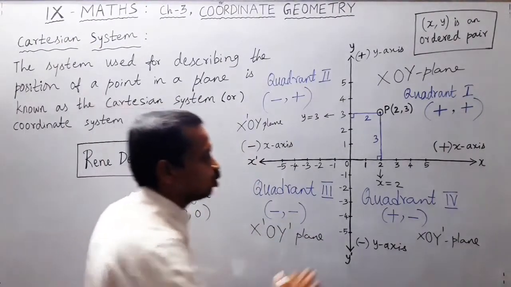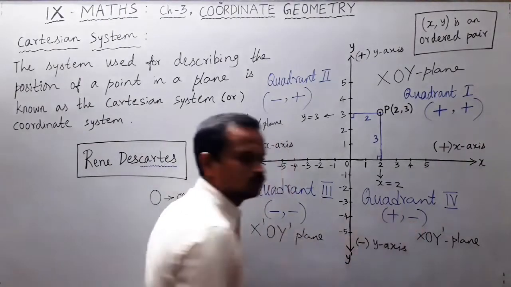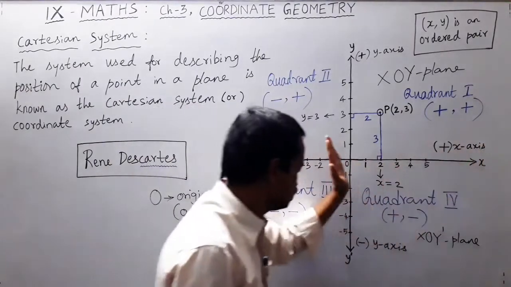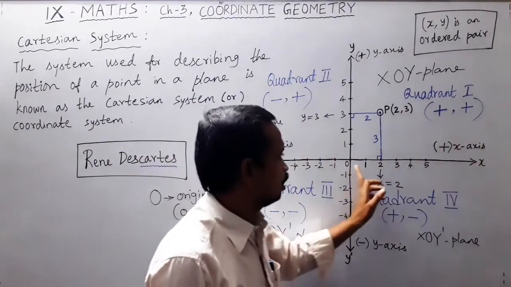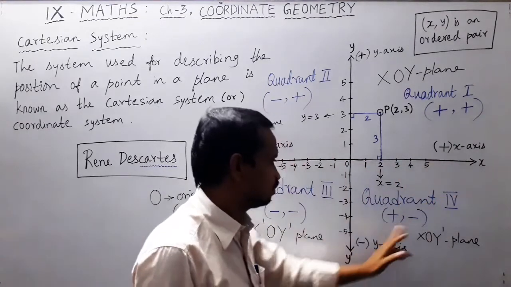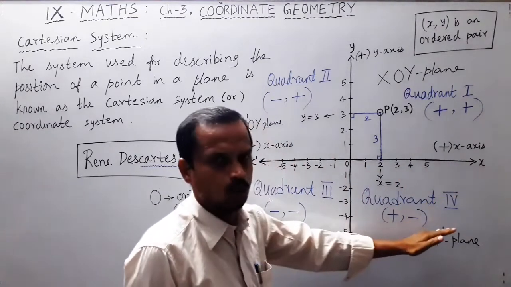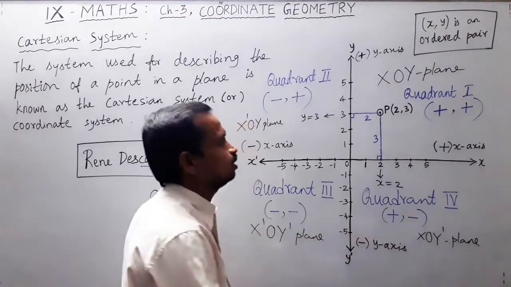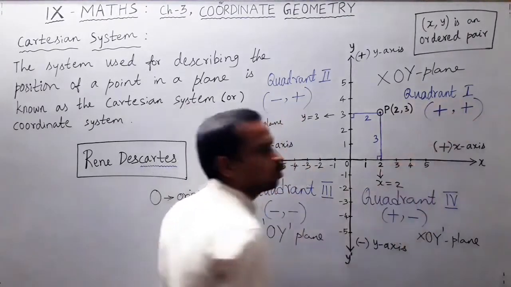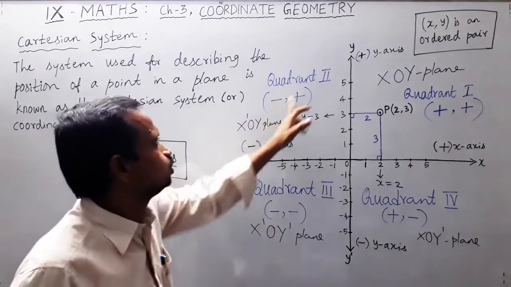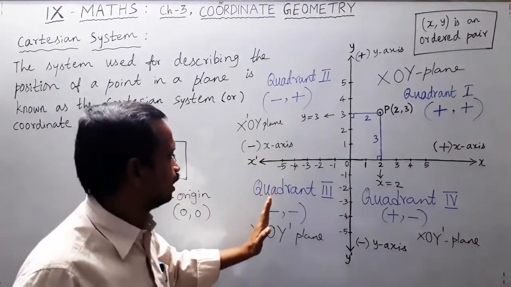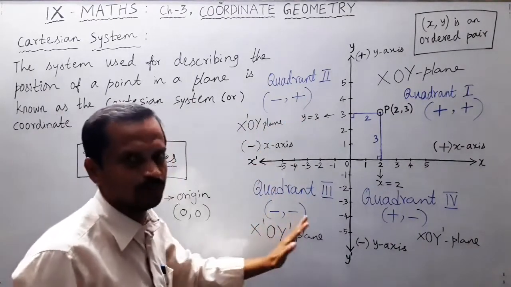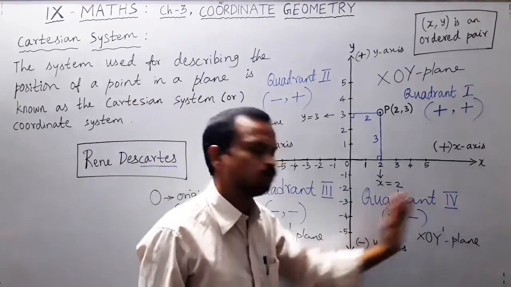Then coming to quadrant 4, plus, minus. So x is plus and then y is minus. Always x first and then y. So x is positive and y is negative. So quadrant 1 is plus, plus; quadrant 2 is minus, plus; quadrant 3 is minus, minus; and quadrant 4 is plus, minus.